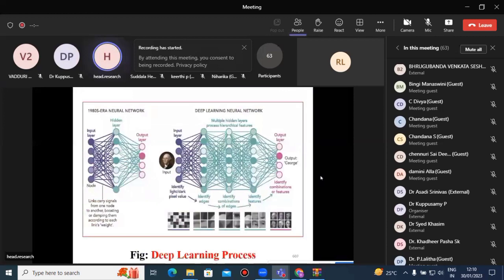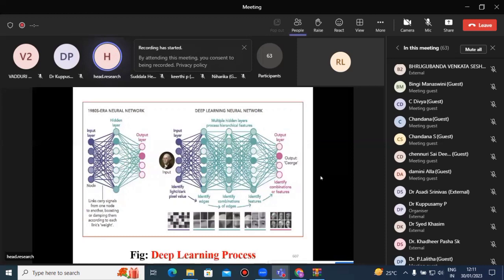We see the deep learning process. I'm comparing how neural networks worked in the 1990s with how deep learning neural networks work nowadays. The number of nodes is nothing but neurons here. Links carry signals from one node to another, boosting or damping them according to each link's weight. Whereas in the deep learning neural network, we take an input layer and identify light and dark pixel values.